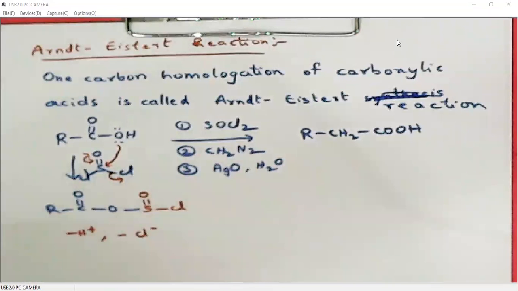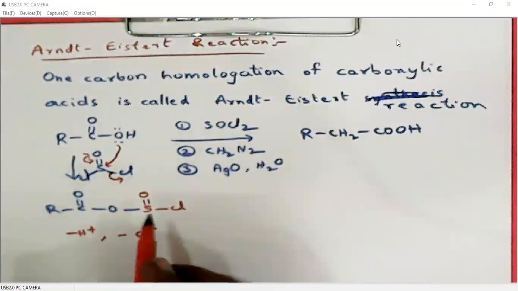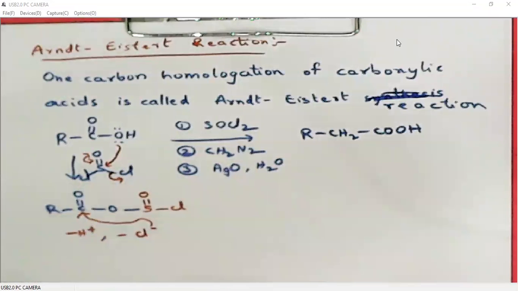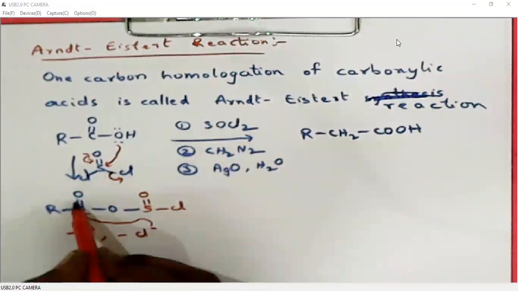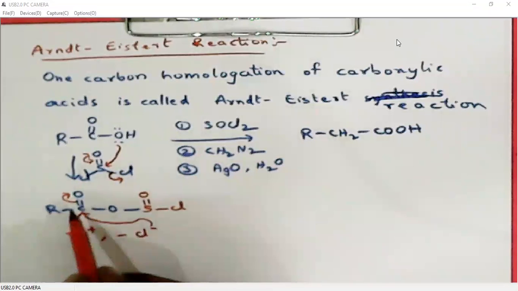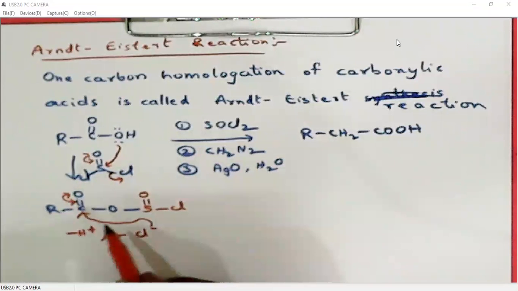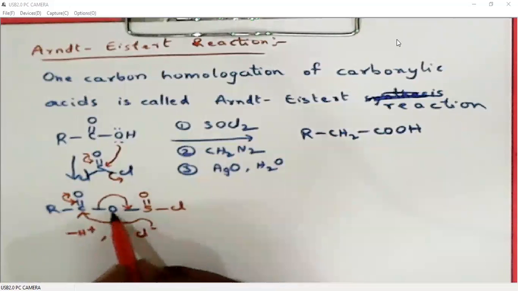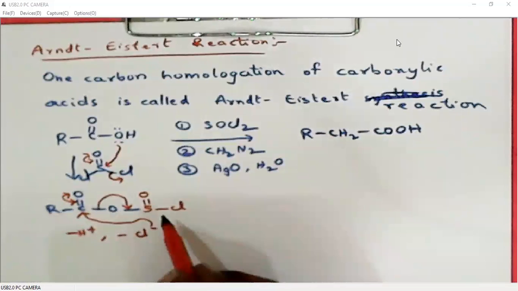Now this Cl minus will attack on the carbonyl carbon. Then the carbonyl bond is the one that first will break. Then again it will form. Now this carbon oxygen bond will break down. It will be polarized towards sulfur, so it generates sulfur dioxide.